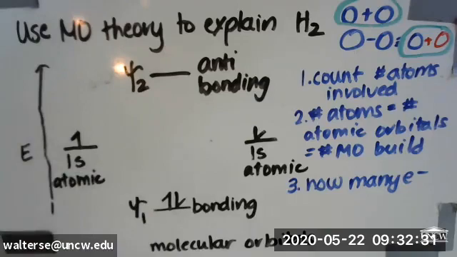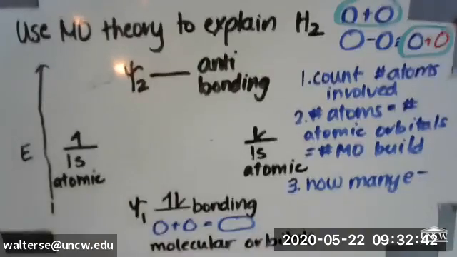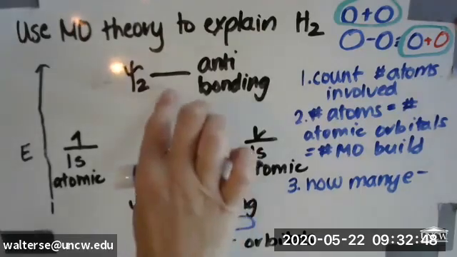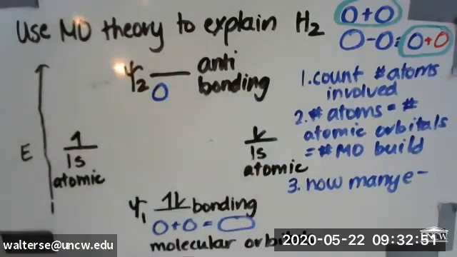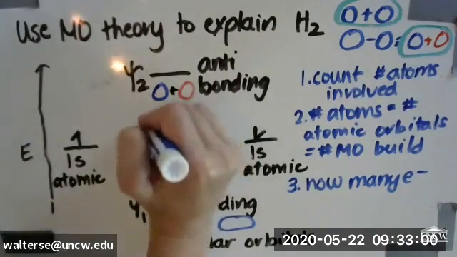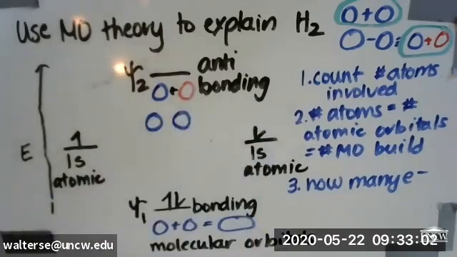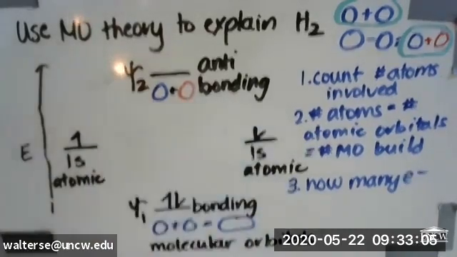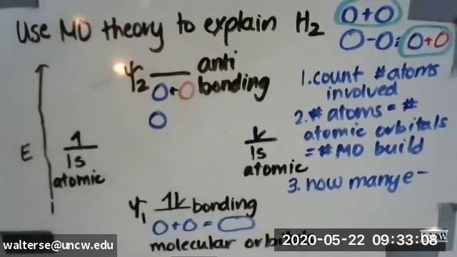Okay. Now you could say, well, what does the shape of this orbital look like? If you add a circle to a circle, you're going to get an oval. Okay. Up here, if you have a positive orbital and you add it to a negative orbital, you're going to end up with a positive side and a negative side, and they're going to be split in half.